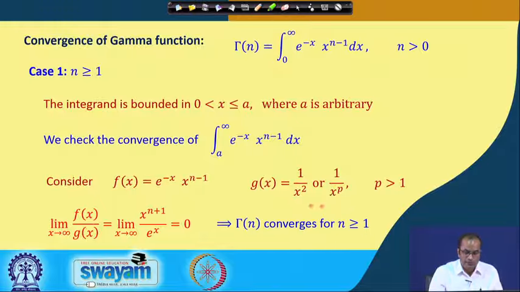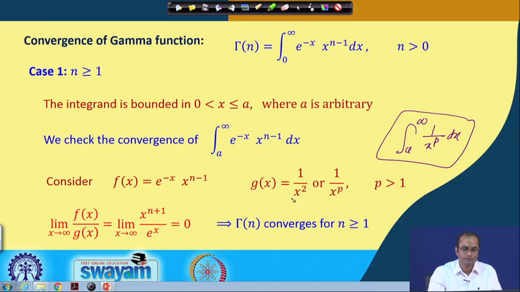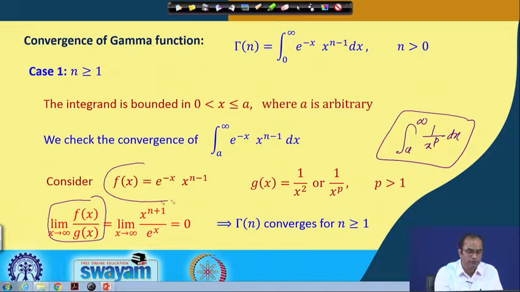So, here the gamma n converges for n greater than or equal to 1, because the integral from a to infinity of this x power p or x square converges when p is greater than 1. So, we have seen by taking this g that this ratio is 0, and then if this g converges, then the integral over the f will also converge.